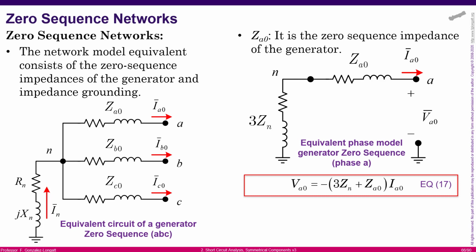For instance, a very interesting question to my students is, what will happen if there is no connection here? If there is no connection here, this is an open circuit. If we say that there is no connection, this is an extremely big number, an open circuit, and the zero component should be equal to 0. Okay?